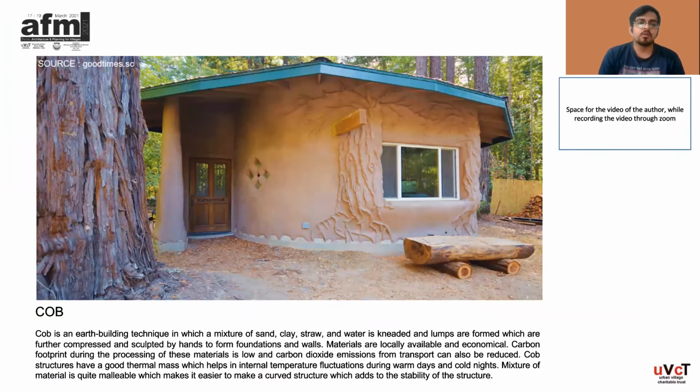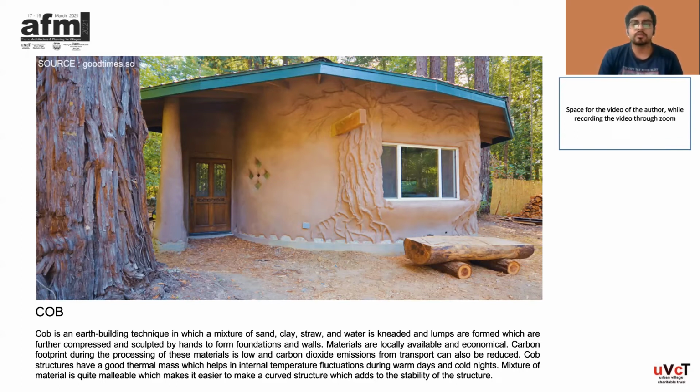Cob. Cob is an earth building technique in which a mixture of sand, clay, straw, and water is kneaded and lumps are formed, which are further compressed and sculpted by hands to form foundation and walls. Materials are locally available and economical. Carbon footprint during the processing of these materials is low, and carbon dioxide emissions from transport can also be reduced.